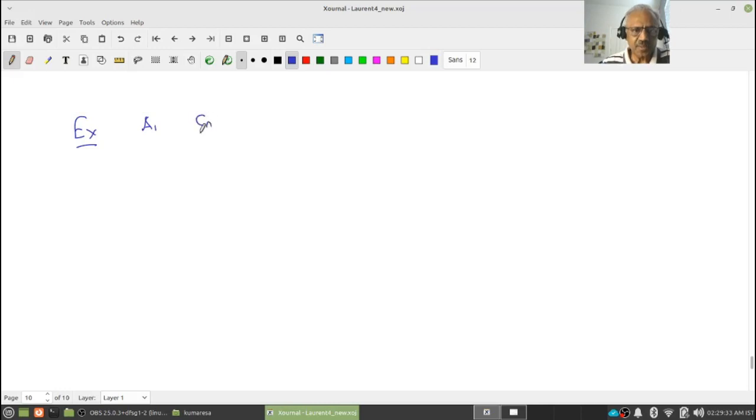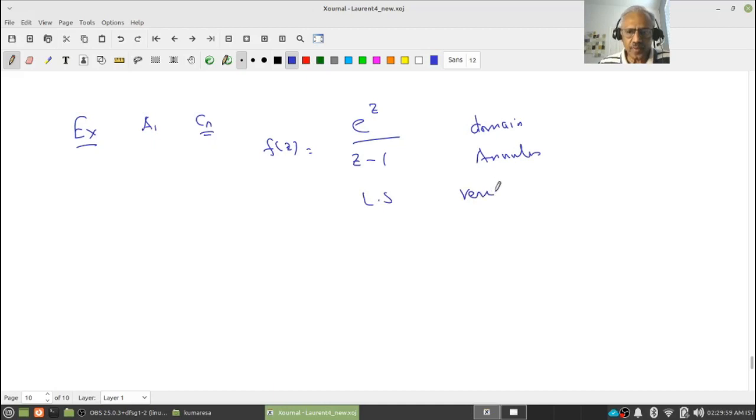We checked that the formula for Cn is the same as what you got by manipulation. Do something similar for the function f of z equal to e to the power z upon z minus 1. What do you have to do? You have to find its domain, and find the annulus in which you want to work. Then write the Laurent series and verify.